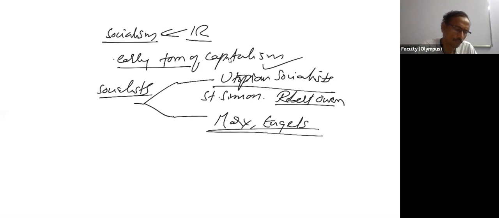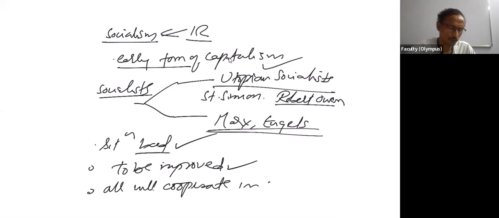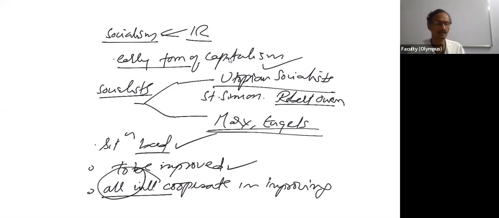Why so? These early socialists said the situation is bad. Marx and Engels would agree, and it should be improved. And these early socialists felt that all will cooperate in improving, including all classes.